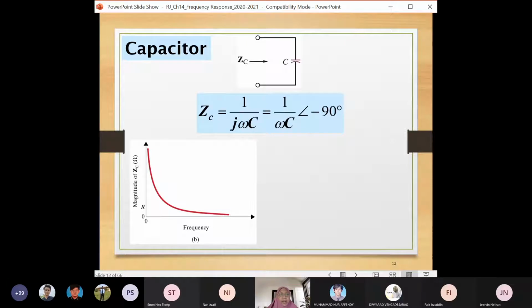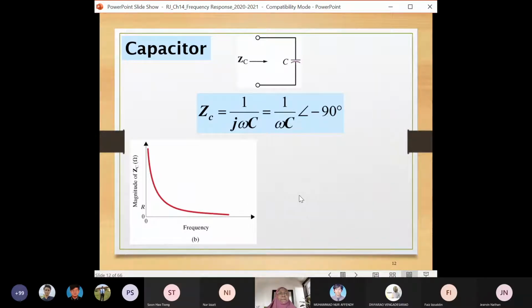With a very high frequency, a few thousand polarity changes, the impedance inside the capacitor is reduced. So the magnitude of the capacitor's impedance drops from very high to very small, but it never touches the axis. It is infinitely large and infinitely small.